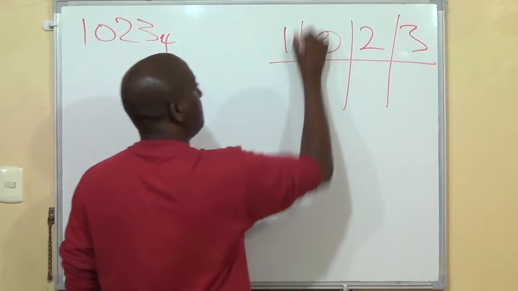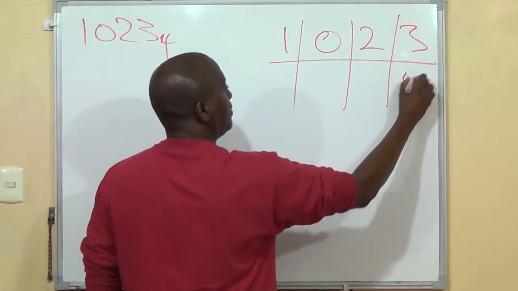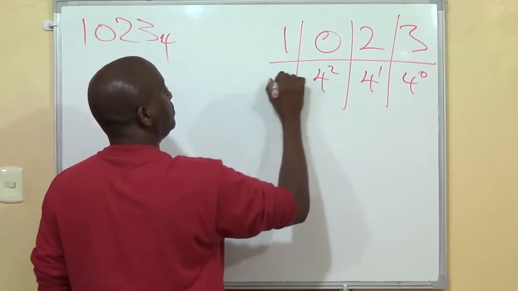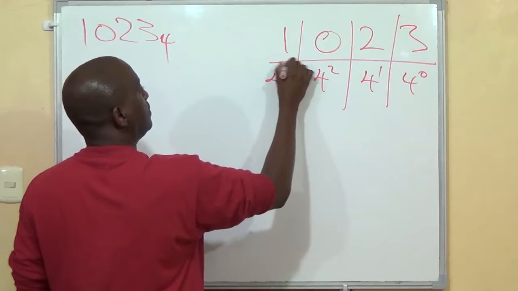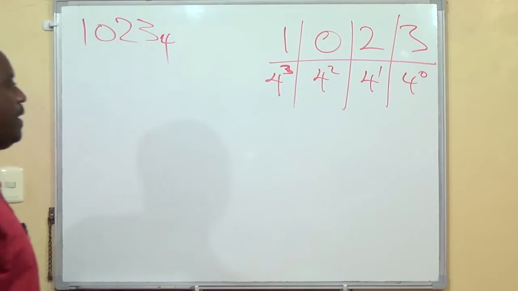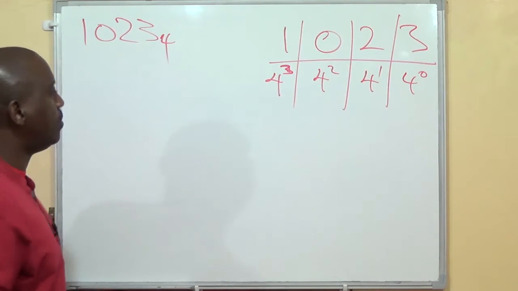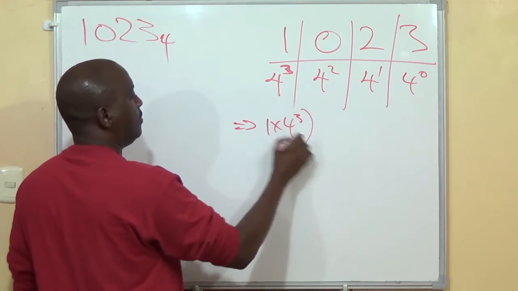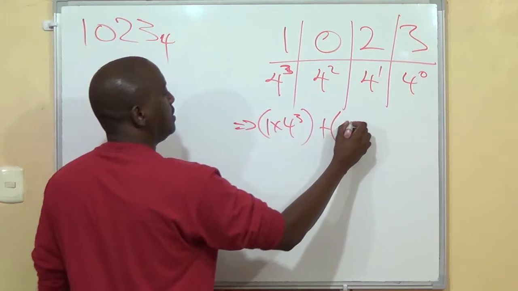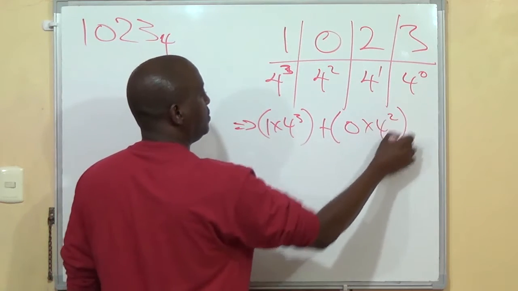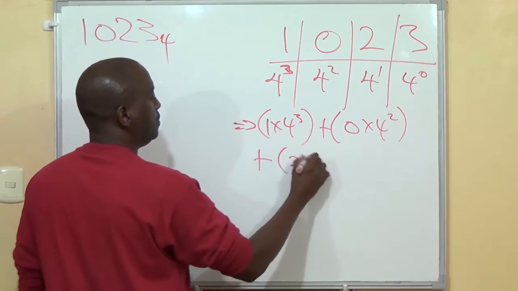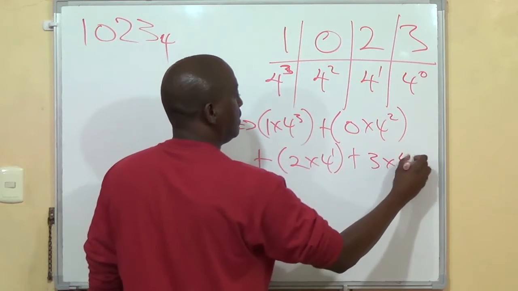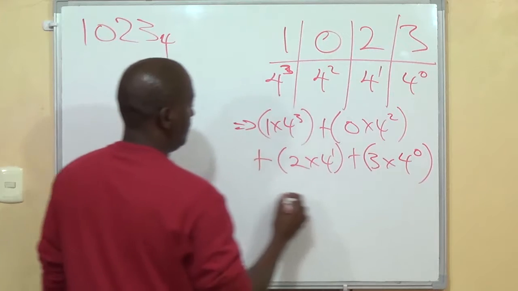So this will be again 4 to the power of 0, 4 to the power of 1, 4 to the power of 2, 4 to the power of 3. Alright, so when we write this number out, what we will get would be 1 by 4 to the power of 3 plus 0 by 4 to the power of 2 plus 2 by 4 to the power of 1 plus 3 by 4 to the power of 0.